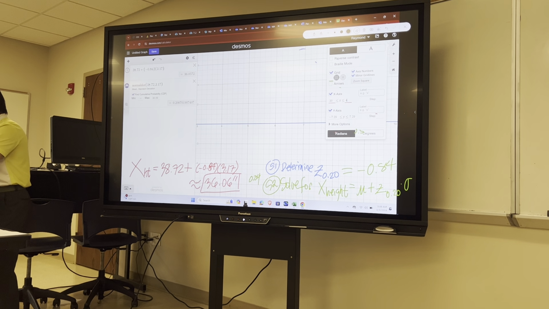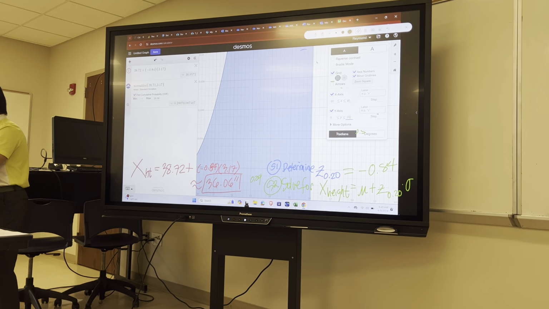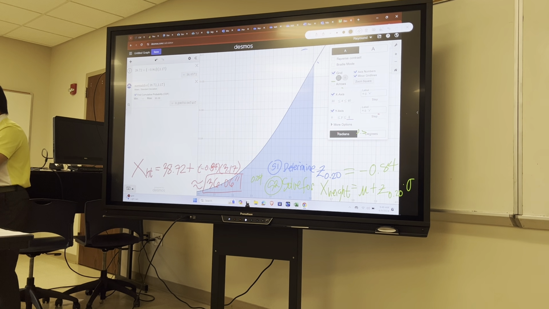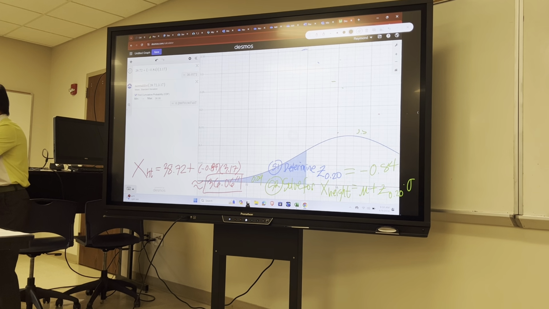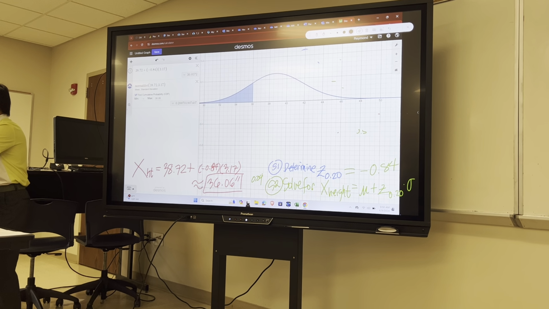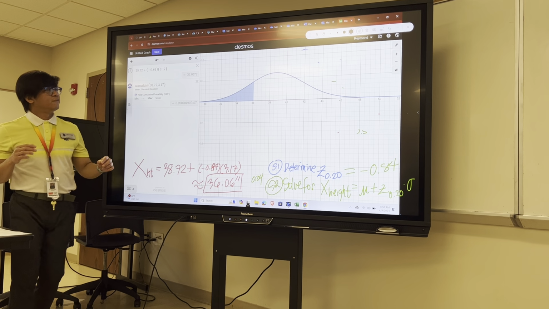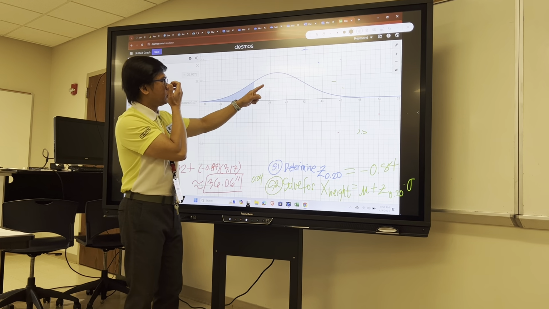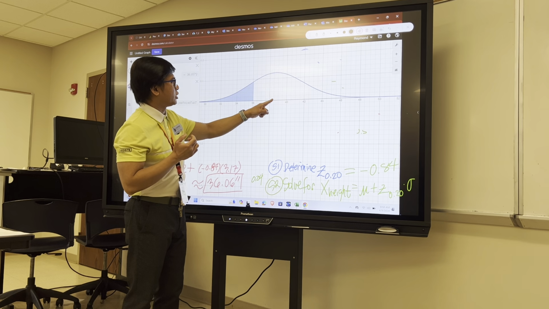So I'm going to put in here the following: 30 to 40. My y-axis is always 0 to less than 1. So let's put in 0.01, oops, 0.10, or 0.3. Okay, 0.30. And as you may notice in here, that is the data set. The mean is in there, 38.72.